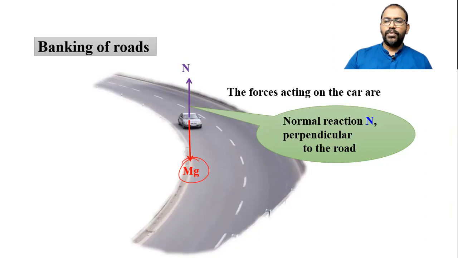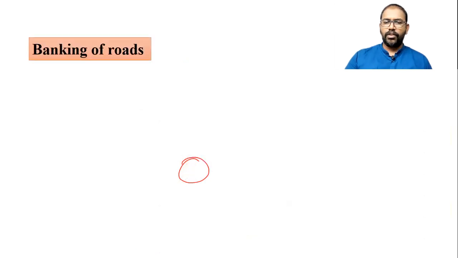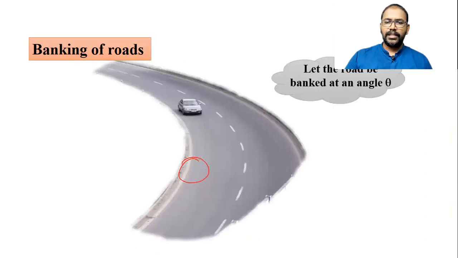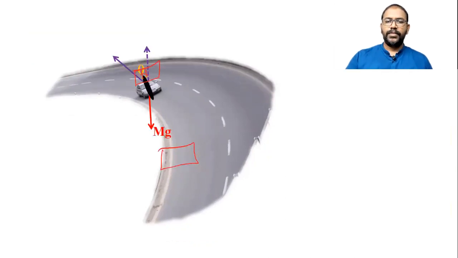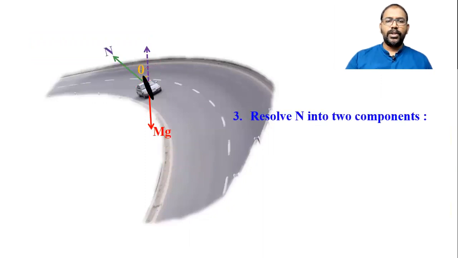I showed the horizontal road first. But when the road is banked, you can see here that this normal reaction is perpendicular to the surface of the road. You can see the direction of this normal reaction in the diagram. This is the normal reaction and this is the weight mg. Now this normal reaction we can resolve into two components.